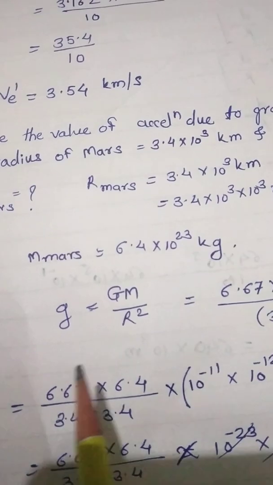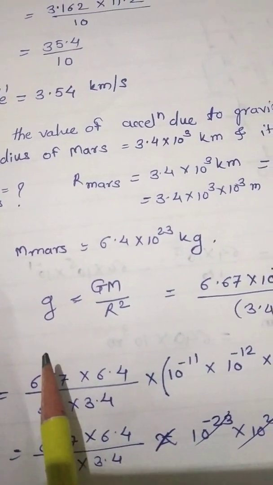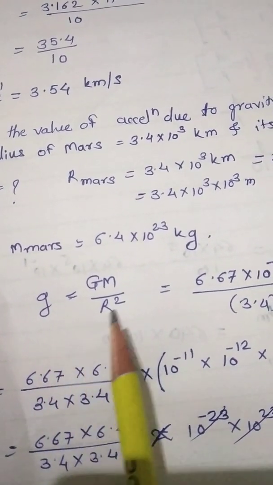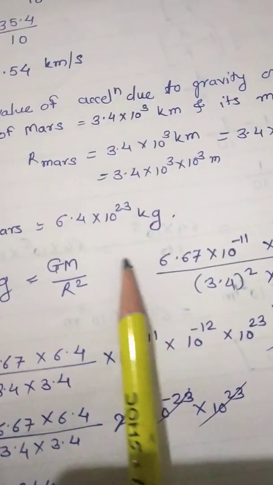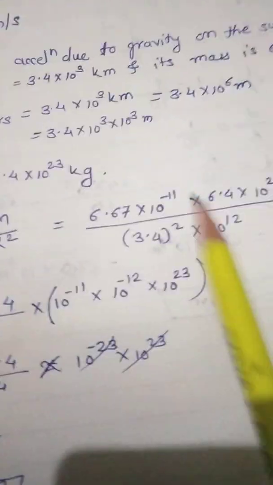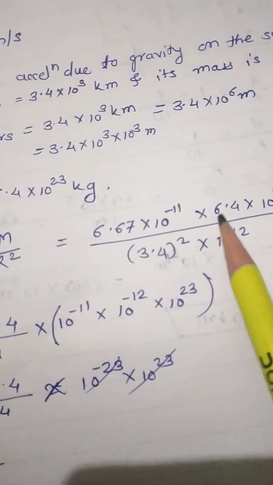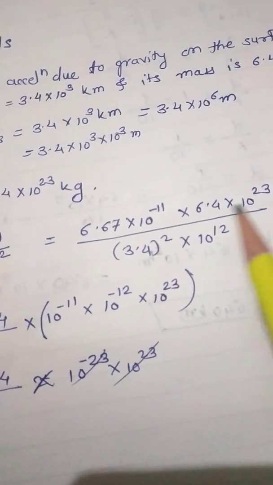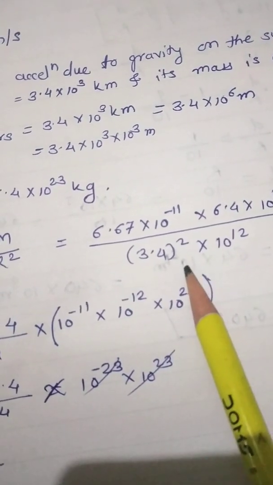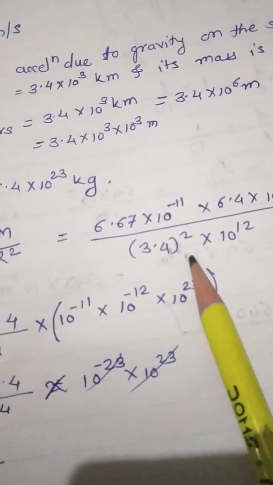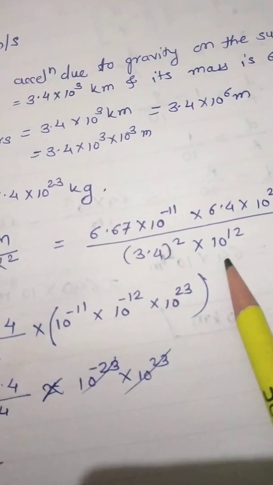So we know the formula for acceleration due to gravity, g is equal to GM upon r square. So putting all these values in this equation, means here 6.67 into 10 raised to minus 11 into 6.4 into 10 raised to 23 upon 3.4 square into 10 raised to 12.